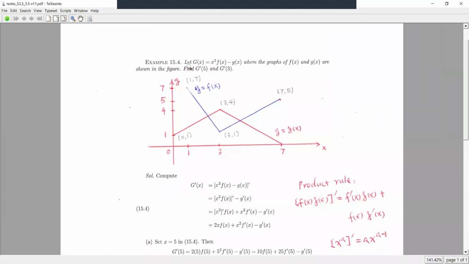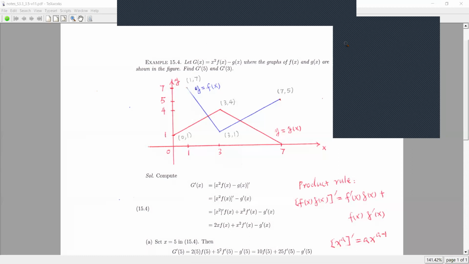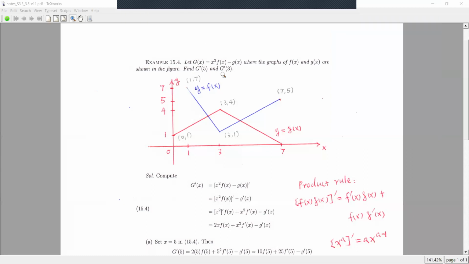Example 4. Let big G be x squared times f minus g, where the graphs of f and g are shown in this figure. Find the derivatives of big G at 5 and at 3. To find these 2 derivatives, we first compute the derivative of big G at x.